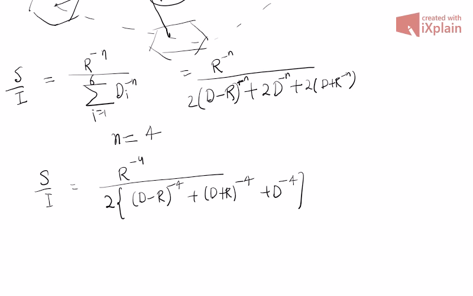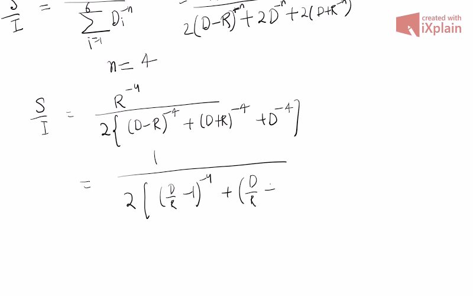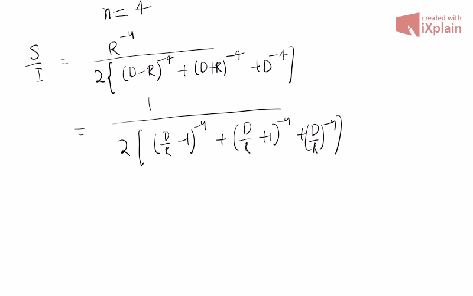We can divide numerator and denominator by R to the power minus 4. We will get 1 over 2 times (D over R minus 1) to the power minus 4 plus (D over R plus 1) to the power minus 4 plus (D over R) to the power minus 4. I have just divided by R to the power minus 4.